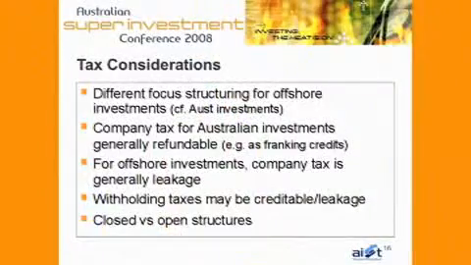So in most cases, Australian company tax is not a leakage for a super fund. Foreign corporate tax generally is, and foreign withholding tax can potentially be leakage to the extent it can't fully utilise its foreign tax credits. So really, hopefully that example has highlighted the different focus that we need to face for international investment versus Australian investments.